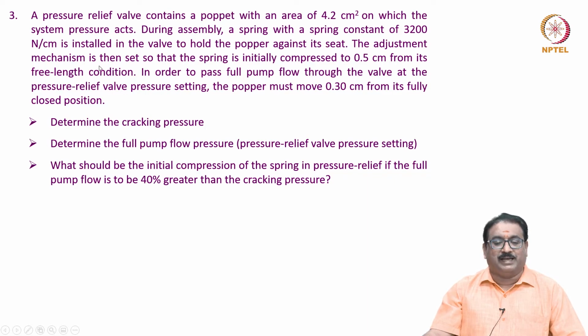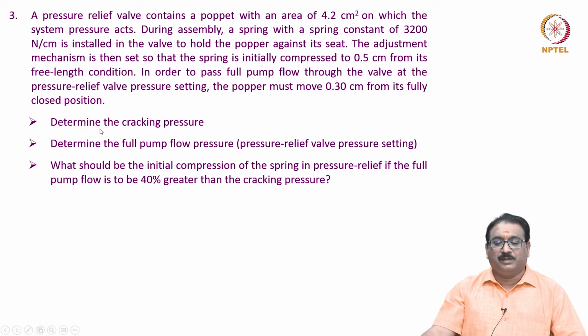The adjustment mechanism is then set so that the spring is initially compressed to 0.5 centimeter from its free length condition. In order to pass the full pump flow through the valve at the pressure relief valve pressure setting, the poppet must move 0.30 centimeter from its fully closed position.